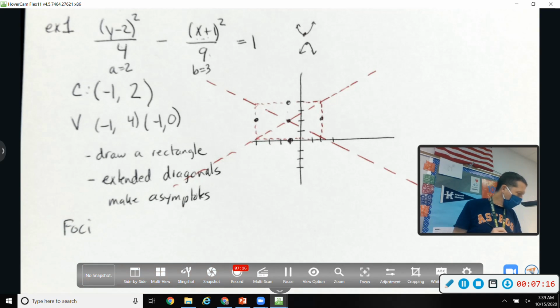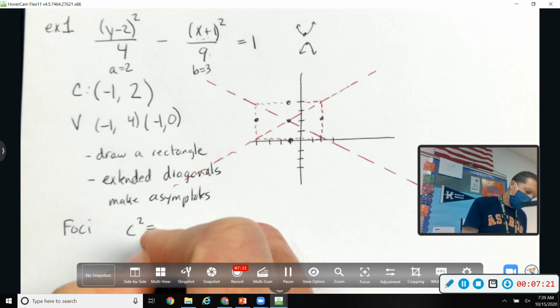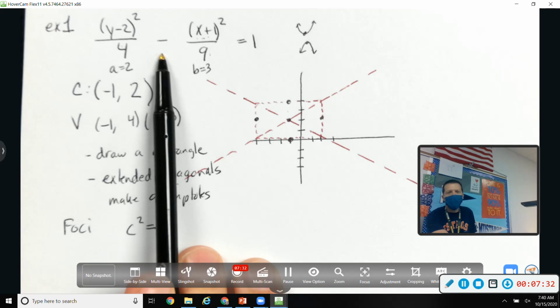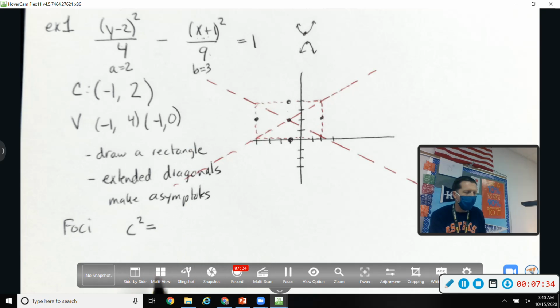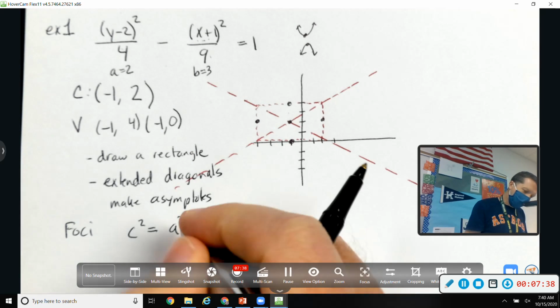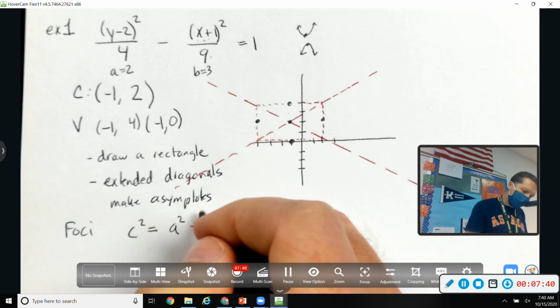All right, to find the foci, c squared equals... well, when we change from ellipse to hyperbola, we change that middle sign to a plus.